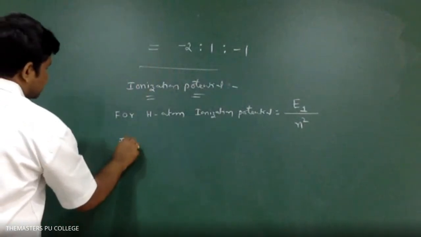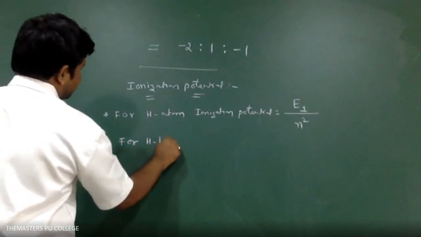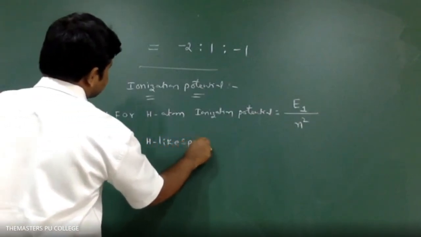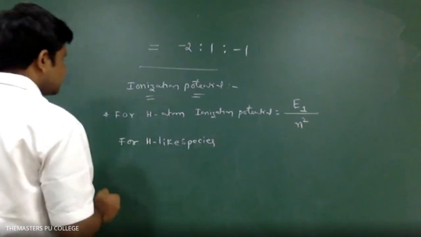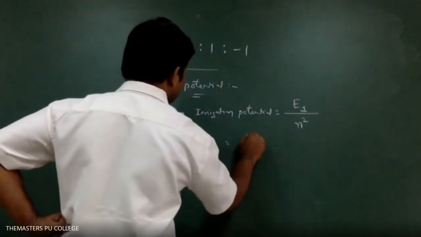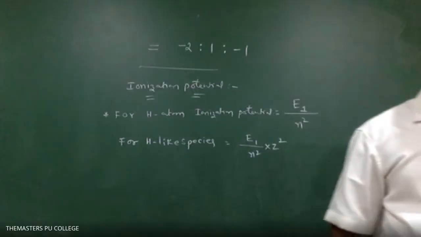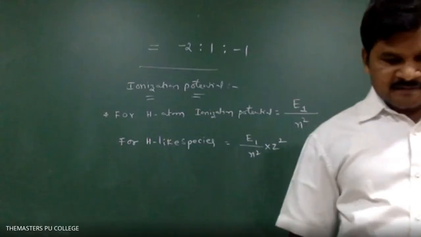For hydrogen-like species, that is equal to E1/n² into Z²/n², where Z is the atomic number.